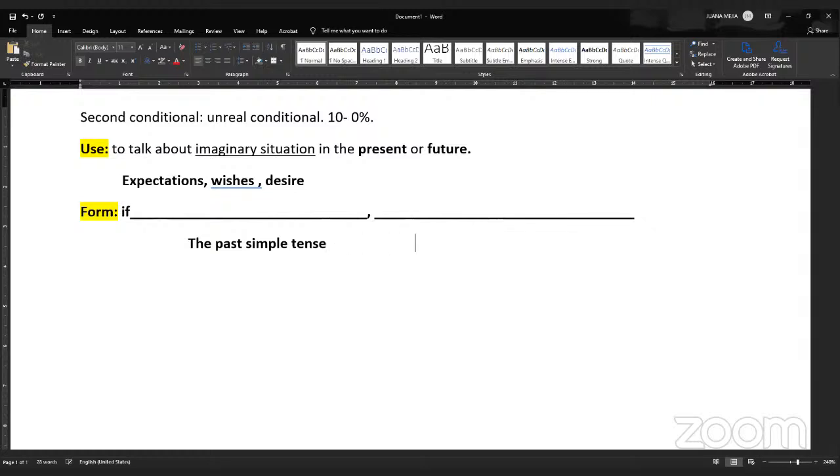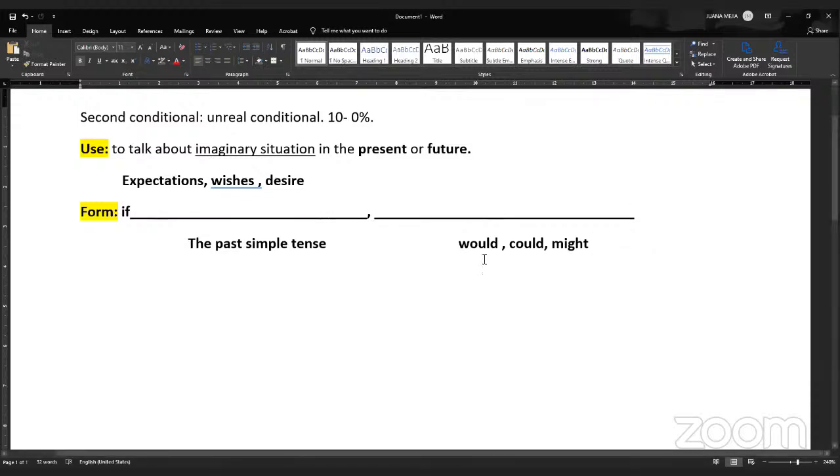And the other clause, the modal, would, could, I'm sorry, and might. Three different modals. Tres modales diferentes. Okay? Would, could, or might. This is the structure of the second conditional.